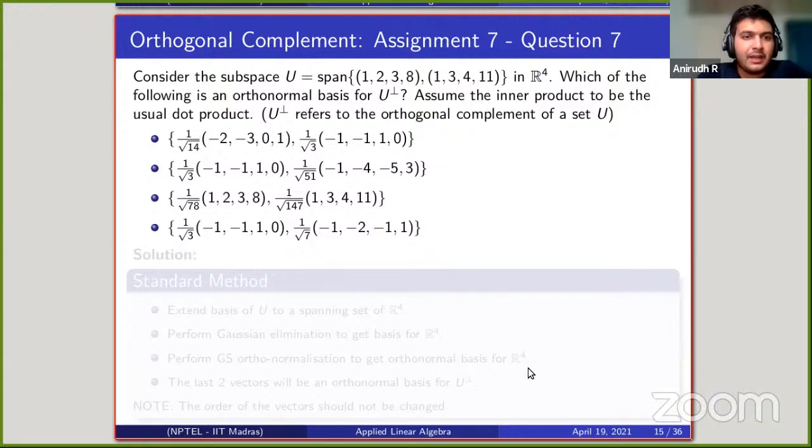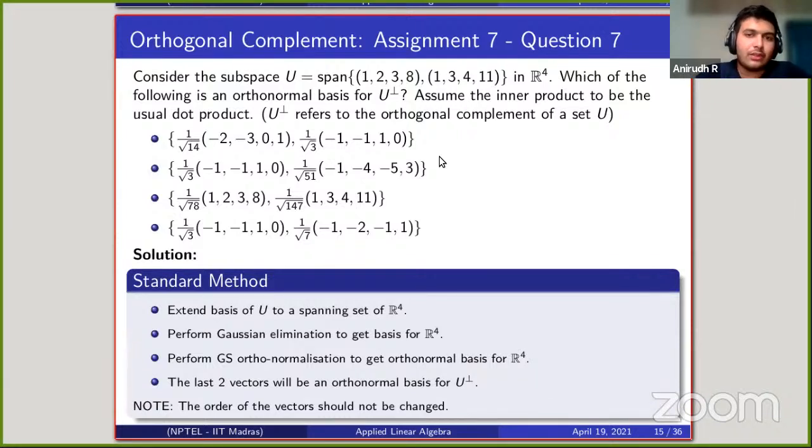And we need to find an orthonormal basis for U perp, which is basically all vectors in R4 which are orthogonal to all vectors in U. Or in other words, we need to find all vectors in R4 which are orthogonal to both these basis vectors we have seen above. So we are given 4 options, and let's see how we do it.